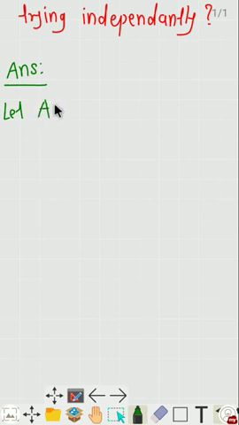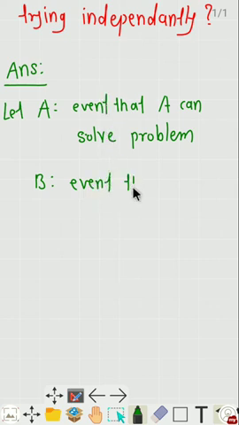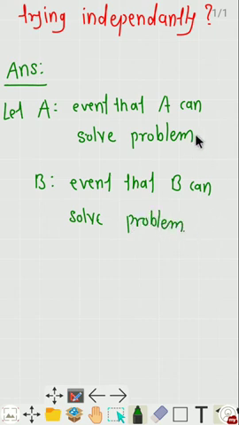Let A denote the event that student A can solve the problem, and B be the event that B can solve the problem. Both solve the problem independently, therefore both the events are independent events.